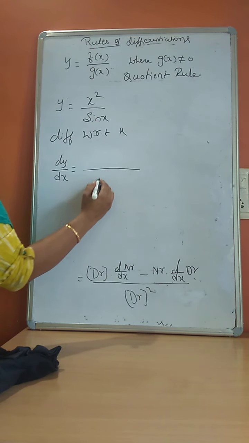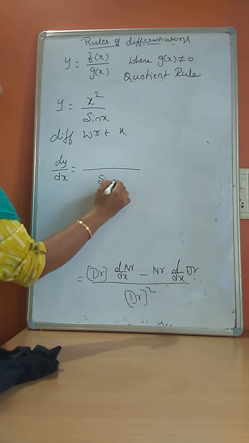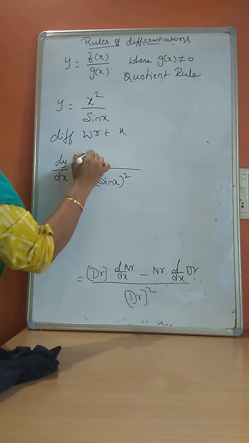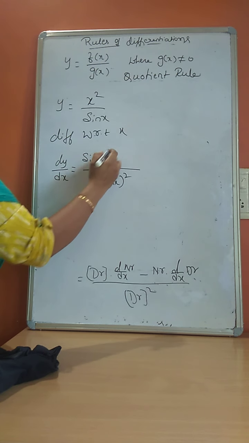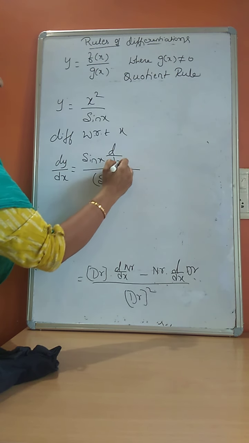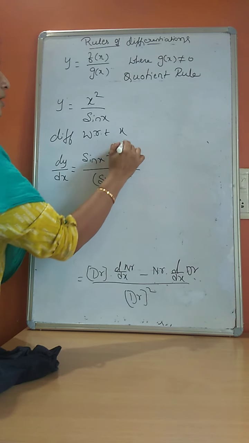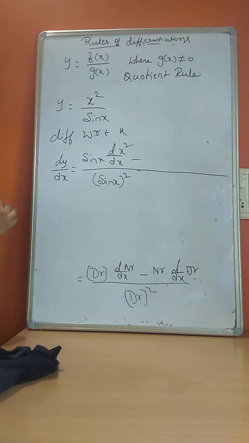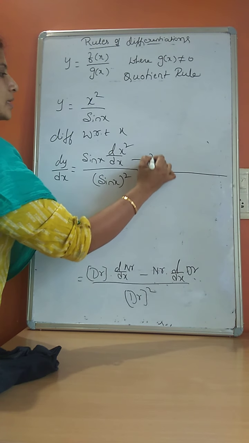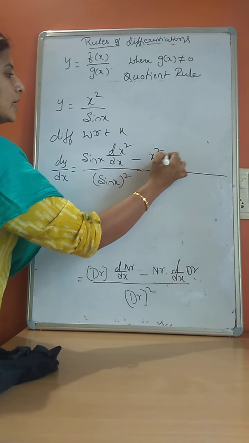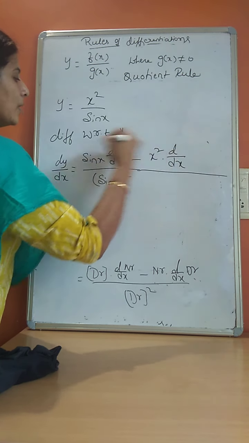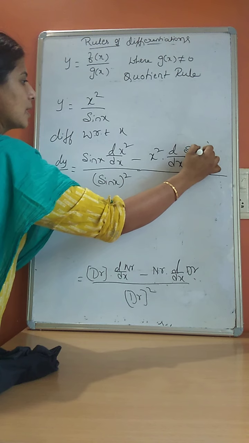Denominator square, that is sin x square, into denominator sin x, d by dx of numerator x square, minus numerator into d by dx of denominator sin x.